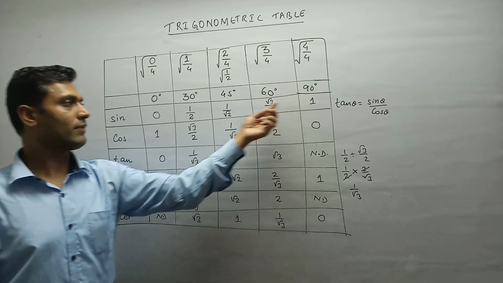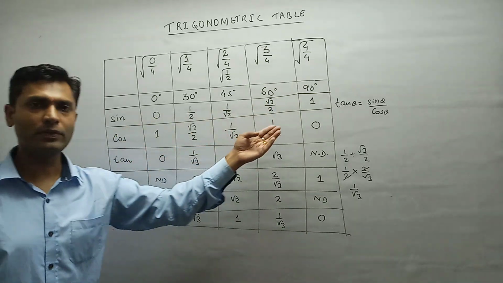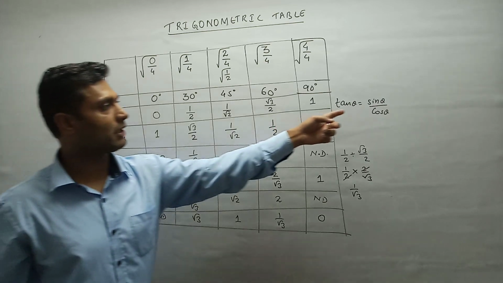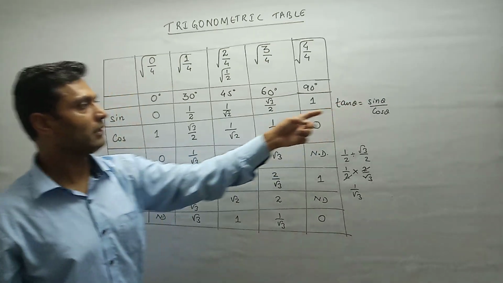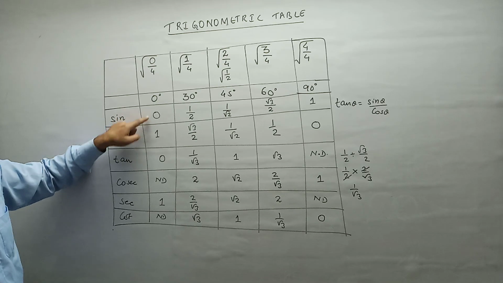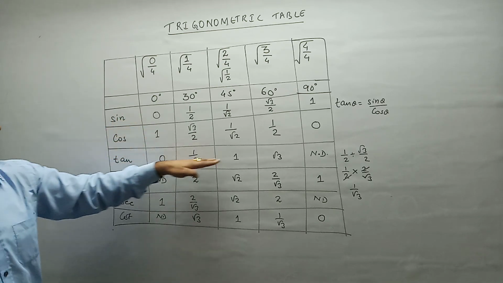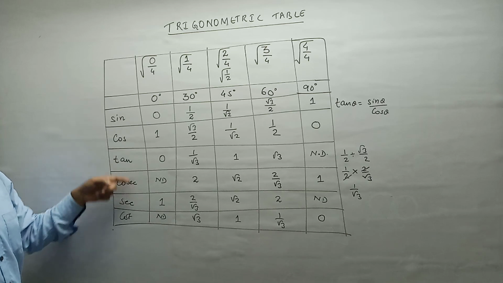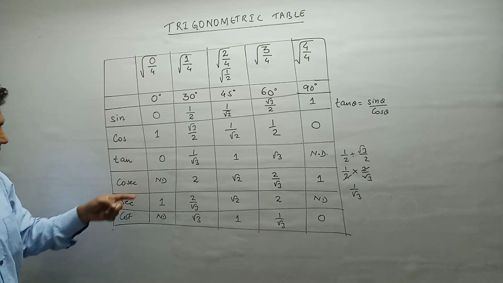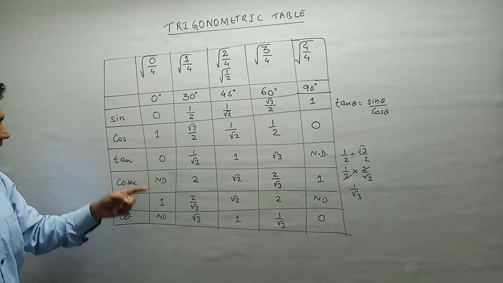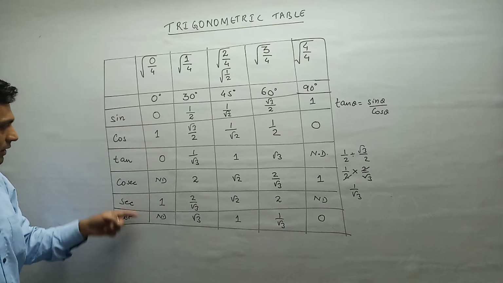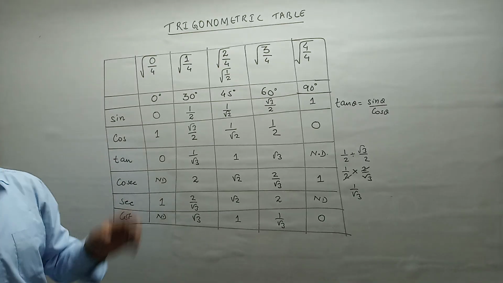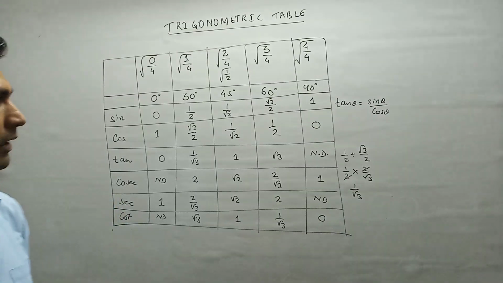We just reverse the values of sine theta. How do we get tan? Tan is sine upon cos, so this divided by this will give you these values. And cosec, how do we get cosec? It is the reciprocal of sine. Sec is the reciprocal of cos and cot is the reciprocal of tan. So when you know this, you do not have to learn or memorize the table.